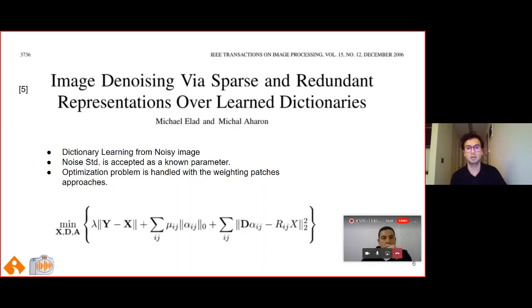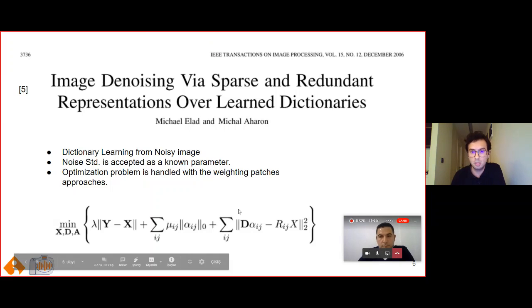Another method is Michael Elad and Michal Aharon's study. They are using dictionary learning from noisy image patches, and they assume that the standard deviation of the noise is a known parameter, and they are creating an optimization problem to estimate the noise-free image. You can see the basic example of the mathematical approach.